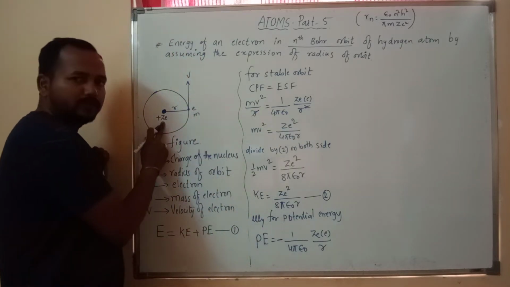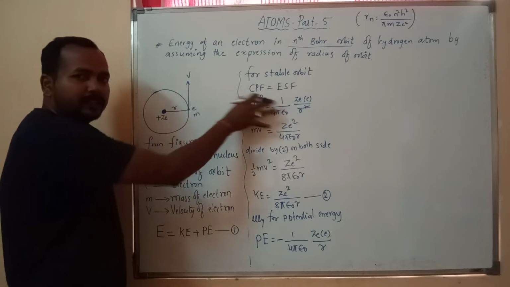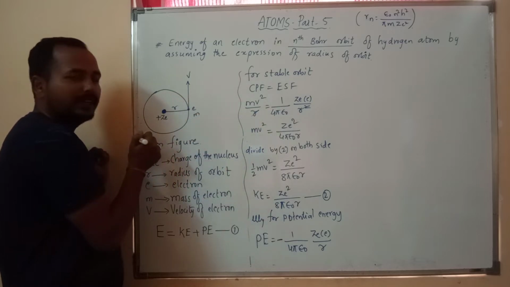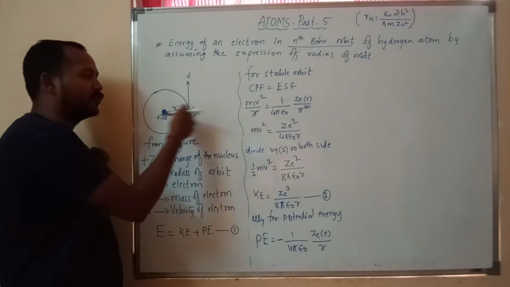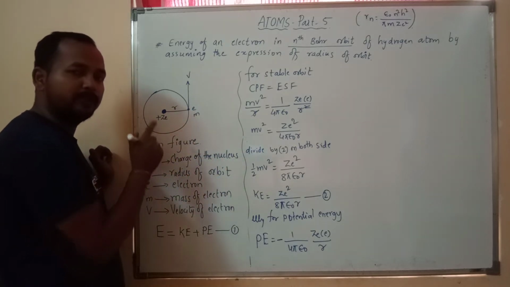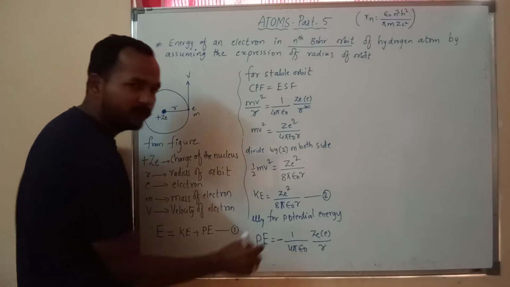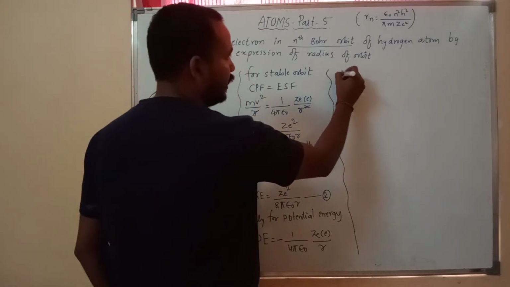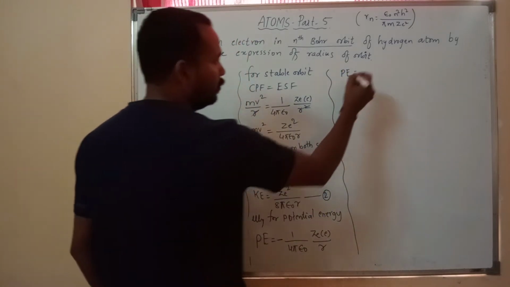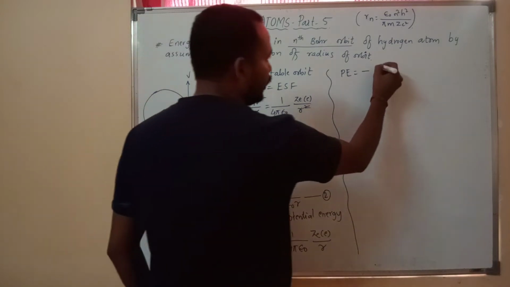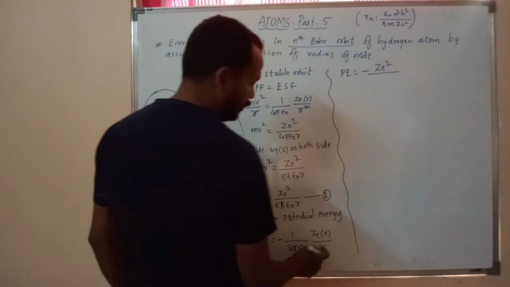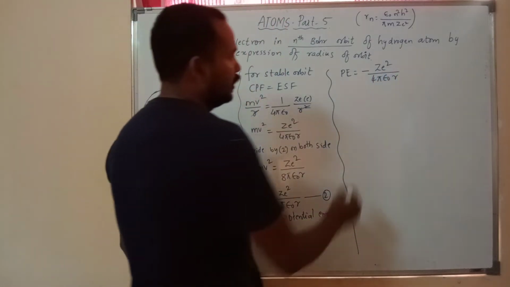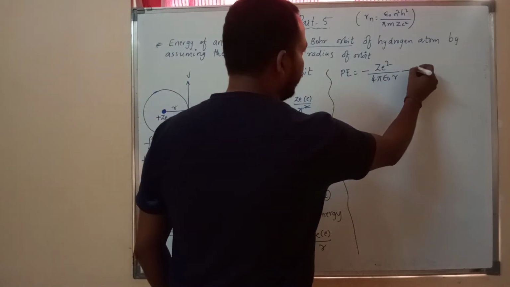Due to the positive charge of the nucleus, the electric field will be in the outward direction, but this electron tends to move towards the nucleus. Hence the direction of motion of the electron is opposite to the direction of the electric field produced by the nucleus. Hence I have to take the negative sign. Therefore the potential energy can be written as minus Ze square upon 4 pi epsilon naught r. I will call this equation number 3.